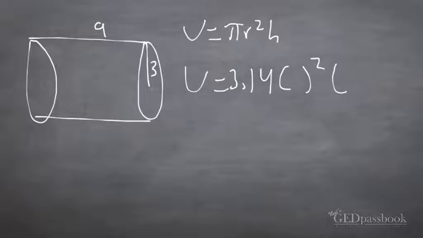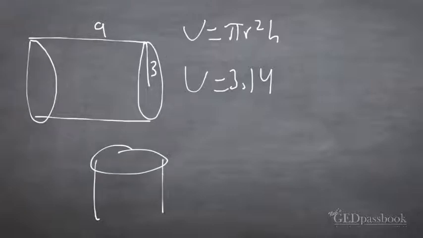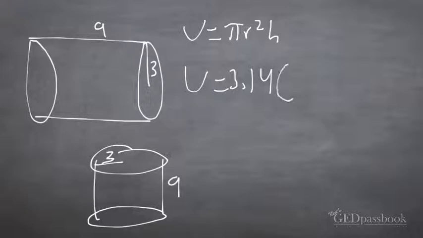Don't let that trip you up. Don't use common sense. I know you would think the actual height would be vertical, but think of this as if it was like this. The 9 is the height, and the radius is 3.